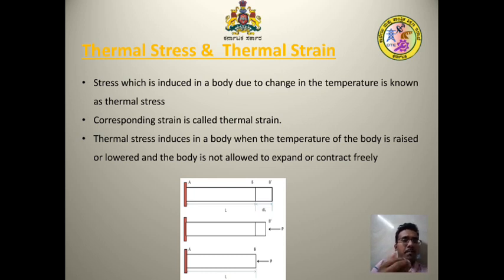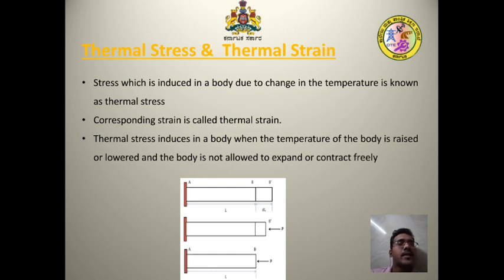We need to apply oil or lubricating oil on the shelves so that it can be easily opened as well as closed. Why does it happen like this? Because due to the climatic conditions, the material will undergo contraction as well as expansion due to the climatic temperature. The stress which is induced in a body due to the change in the temperature is known as thermal stress.